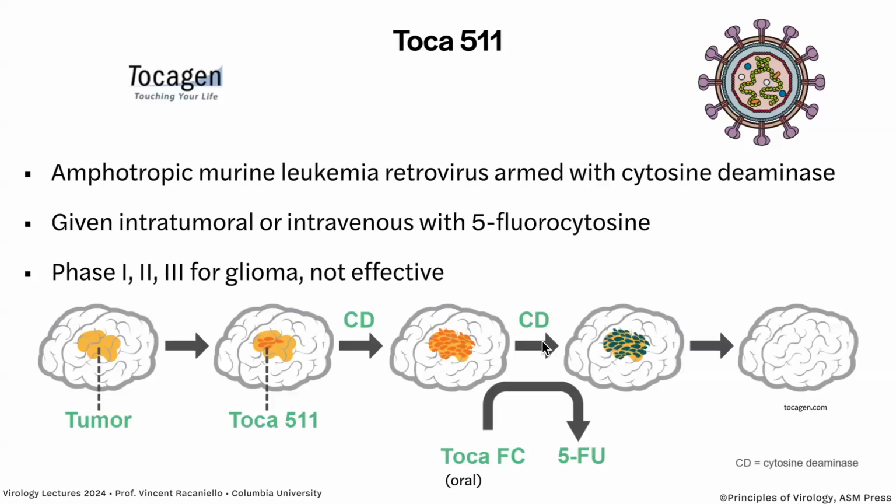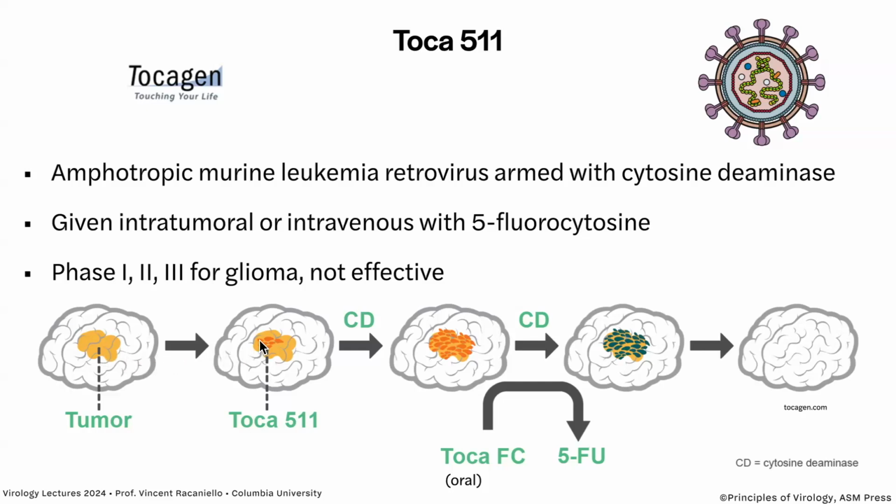Here's an example of this, a therapy called TOCA 511, which was meant to treat gliomas, severe brain tumors. It's a murine leukemia virus with cytosine deaminase. So you give the virus intratumorally, you inject it into the tumor, and then you give 5-fluorocytosine at the same time.